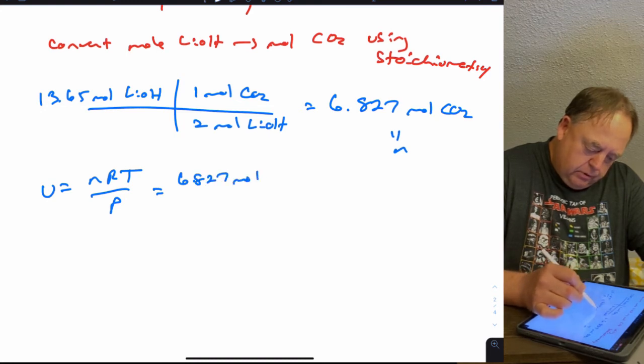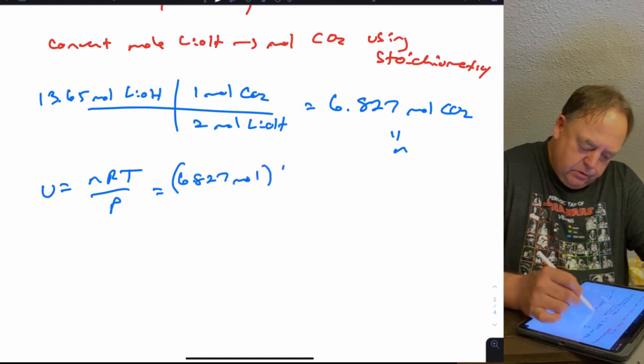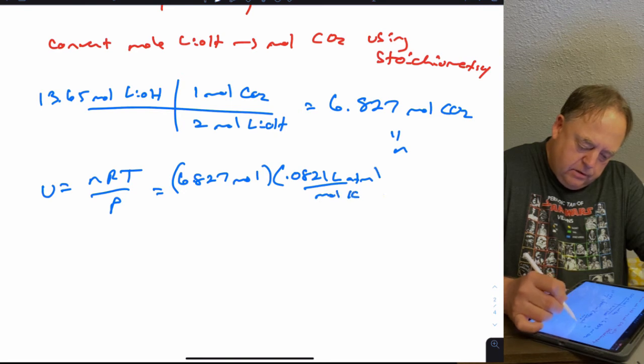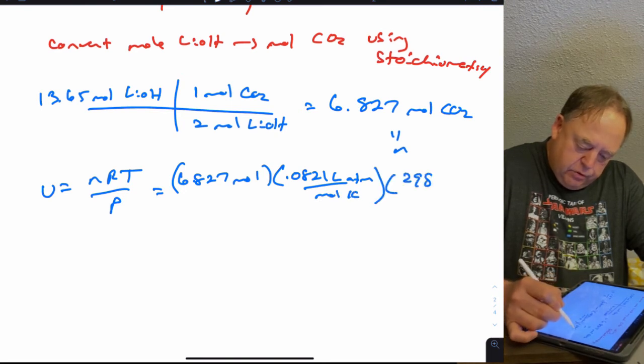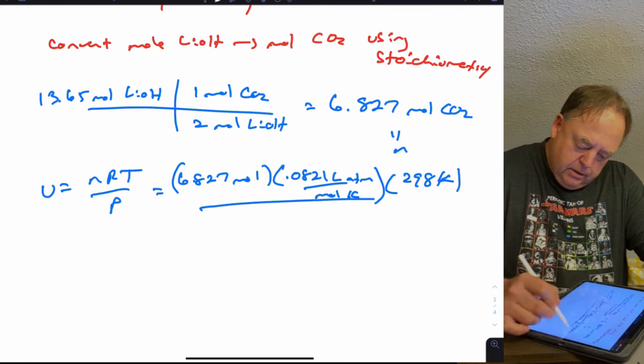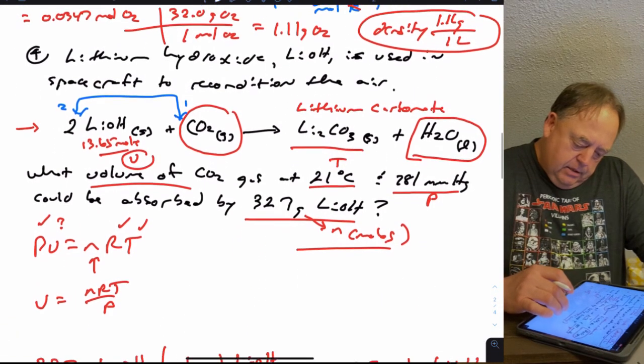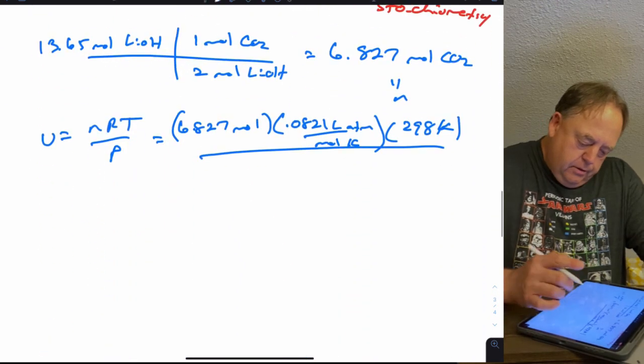Okay, so 6.827 moles of CO2 times R, 0.0821 liter atmosphere per mole Kelvin, times temperature in Kelvin, 298 Kelvin, divided by the pressure. So pressure was 781 millimeters of mercury.